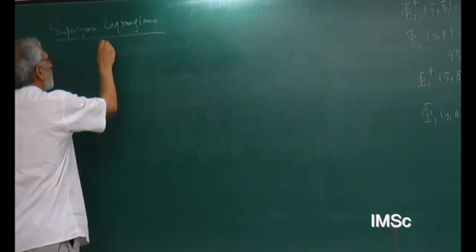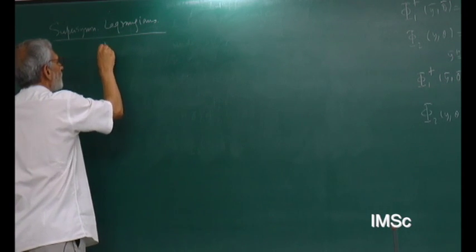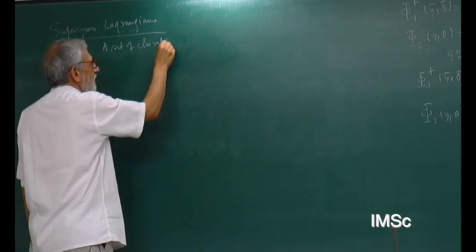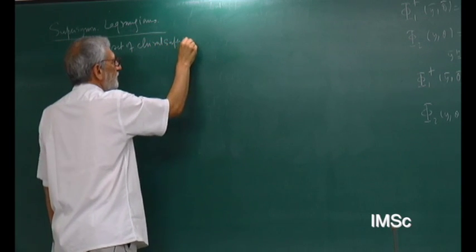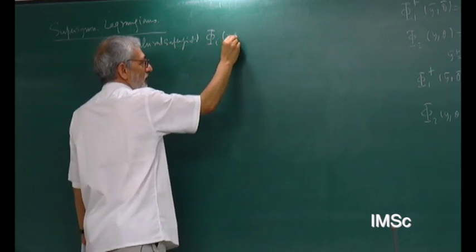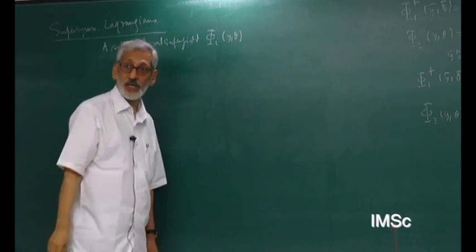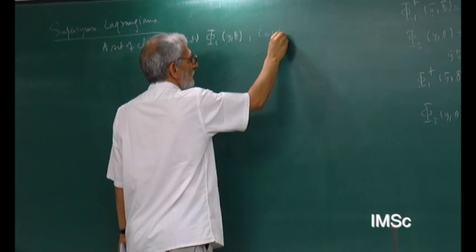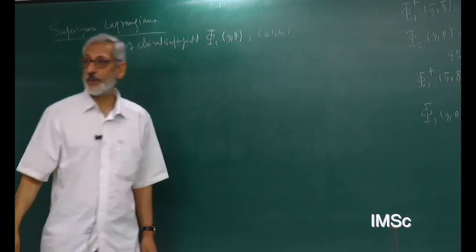Take a set of chiral superfields phi I, which are functions of y and theta only by definition because they are chiral superfields, and I could be some number 1, 2, 3, whatever you have. You can take any number of them.